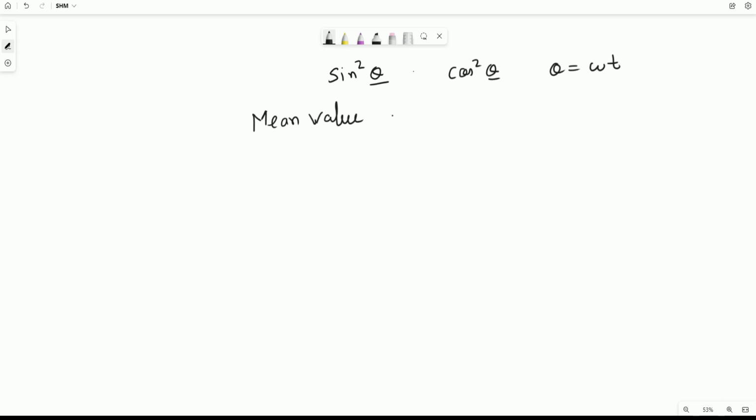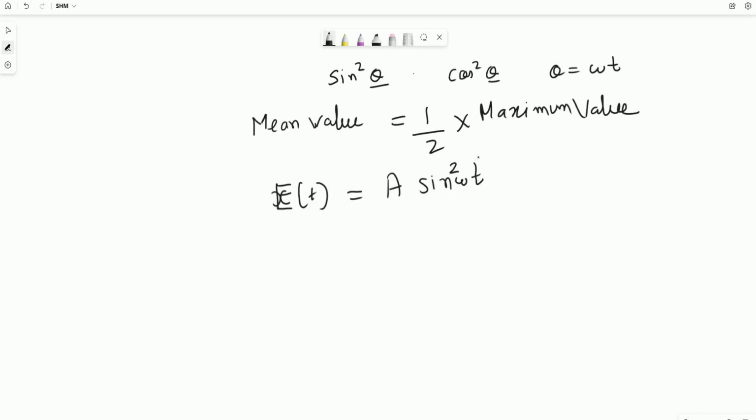It is equal to half the maximum value. This is the basic formula. So if you know the maximum value of the function, the mean value of the function will be given by a max divided by 2, right?